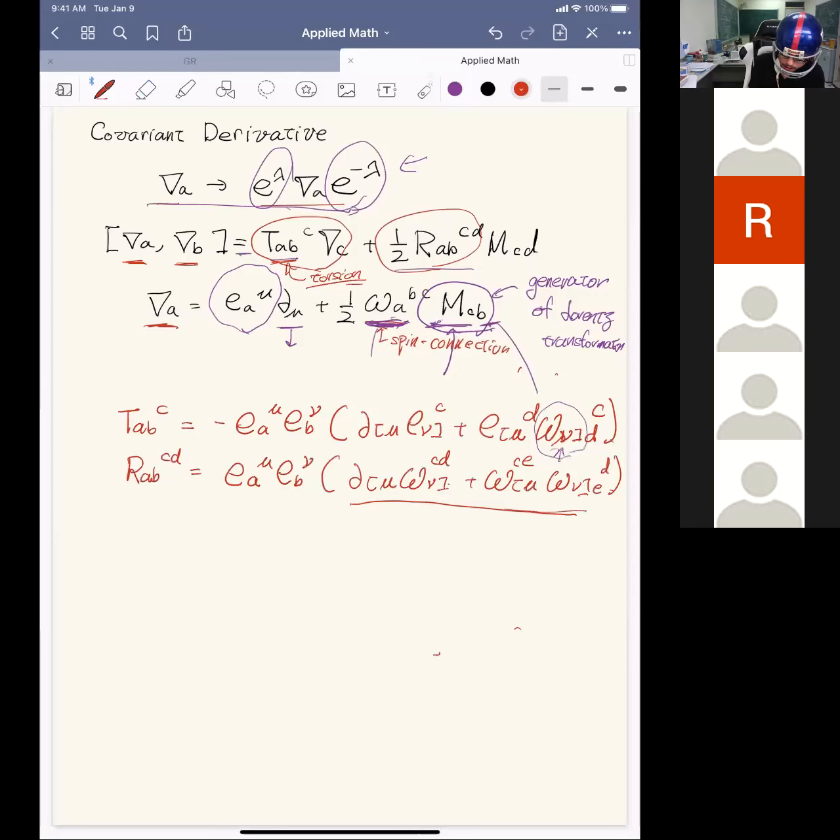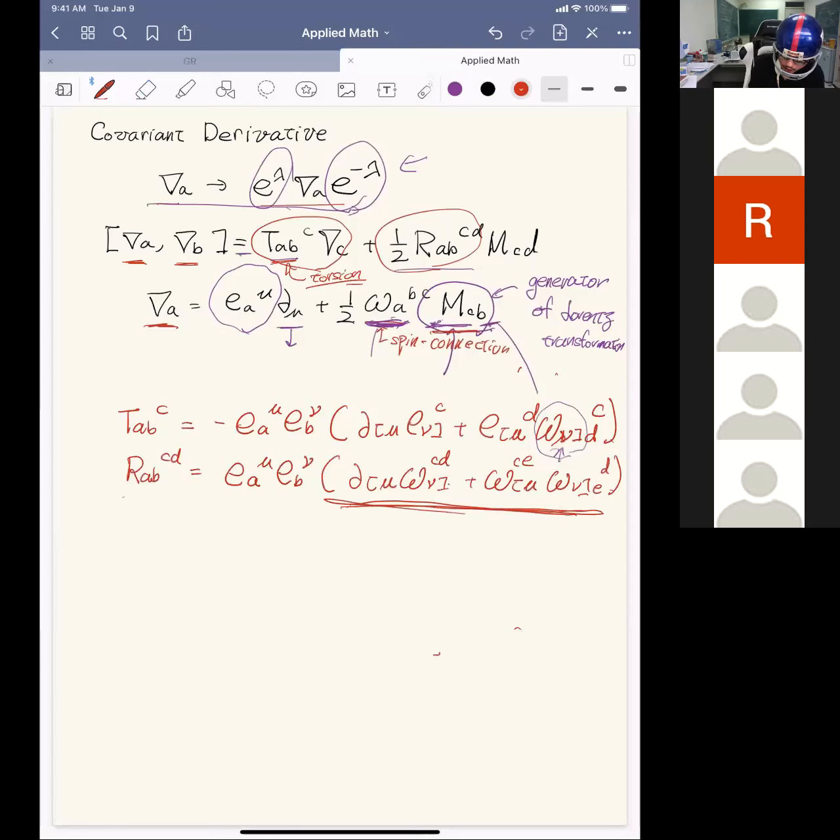Now you see that indeed this Riemann tensor is actually a field strength. It looks exactly like the non-abelian field strength that we have. And this is not surprising, because the Riemann tensor is just the non-abelian field strength of your local Lorentz transformation. As you see, this is just the field strength of your omega, which is the gauge field of your local Lorentz transformation.